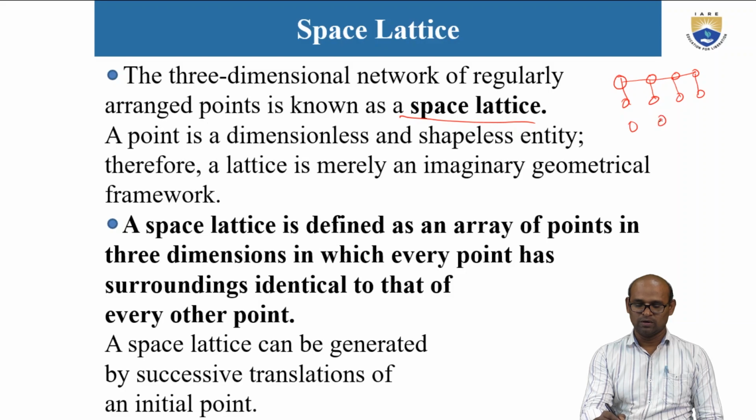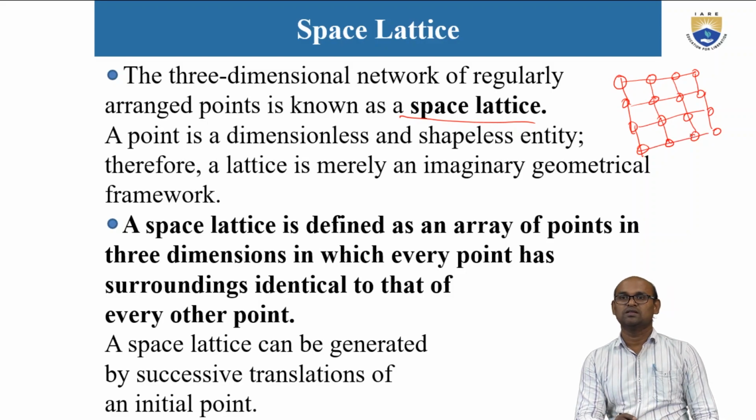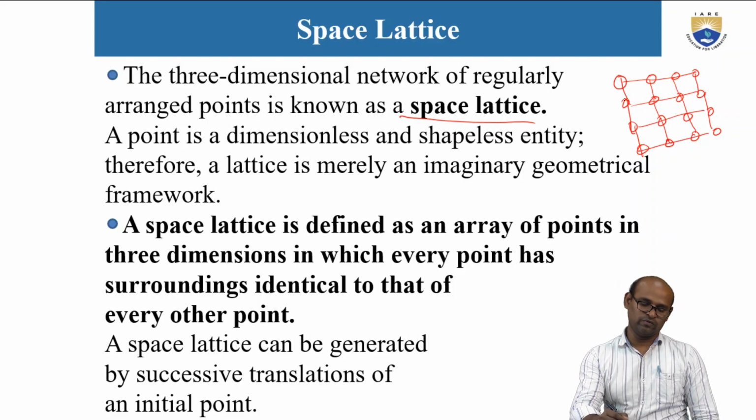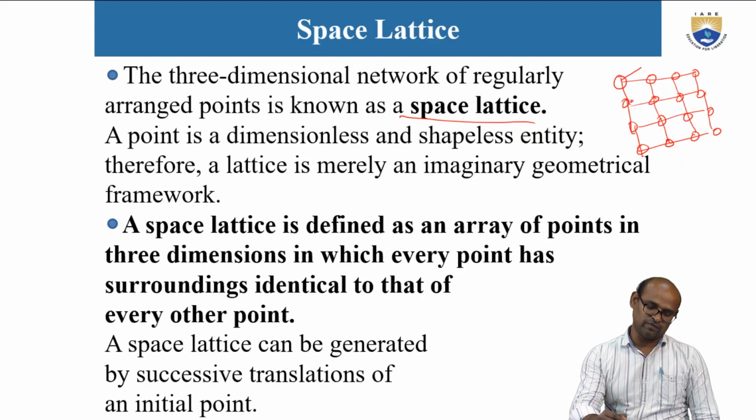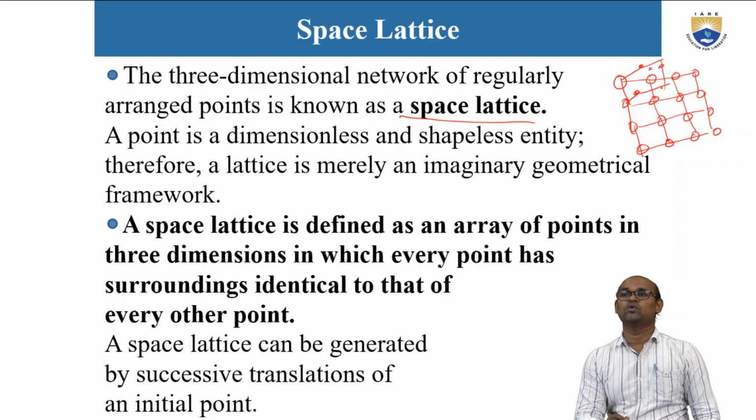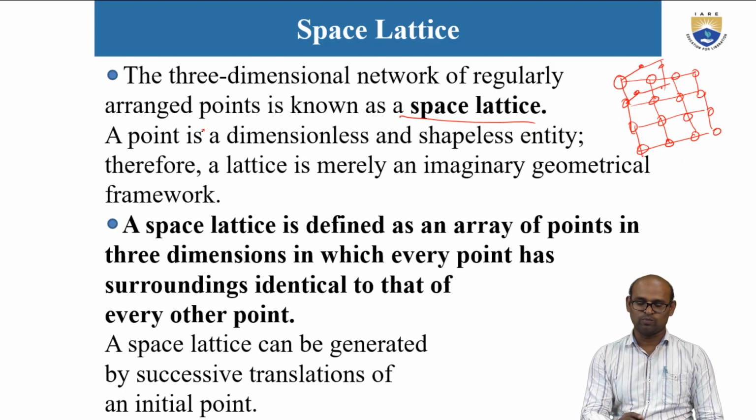If you keep on drawing these lattice points, which represent the mean positions of the atoms, you have networks. These two are the networks in 3D. If you have another dimension, in the Z direction, I can plot like this, and so I can have a three-dimensional network of regularly arranged points.